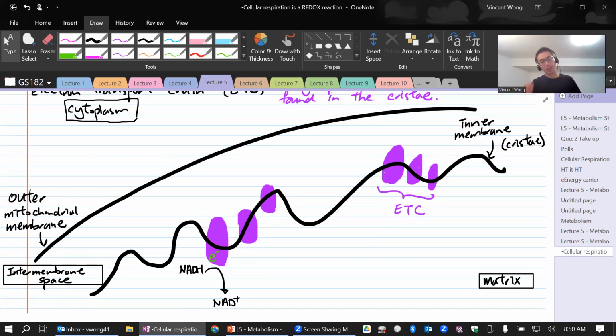Let's go on. So we have a bunch of proteins in the ETC, the electron transport chain, right? The electron gets on, and it's like a game of hot potato. If you don't know what that is, imagine I give you a hot potato. It's so hot you can't hang on to it, right? So you pass it on to the next person. The next person catches it.